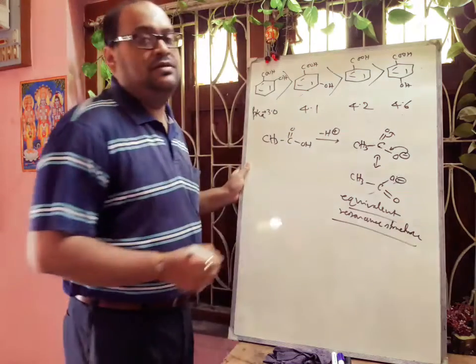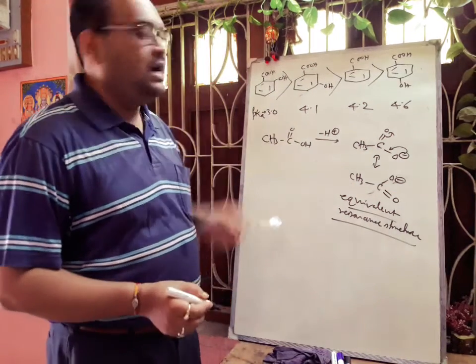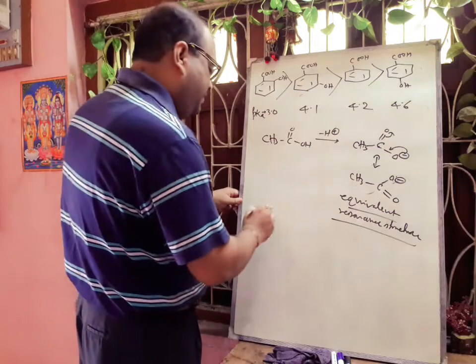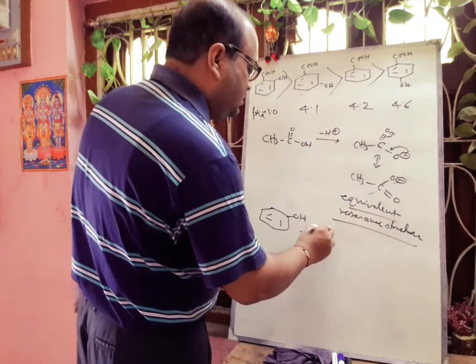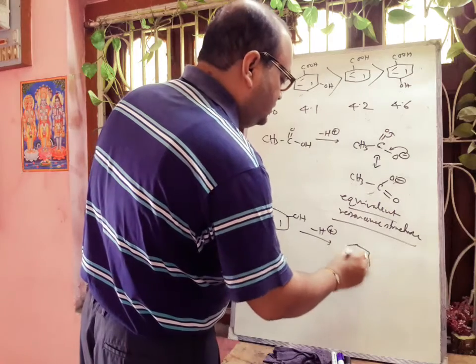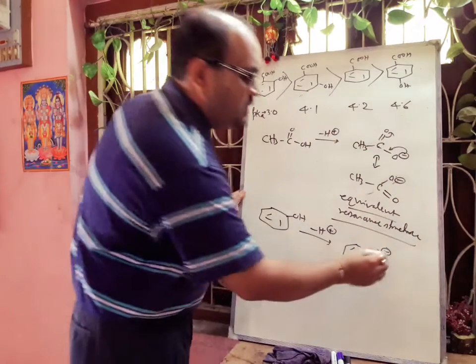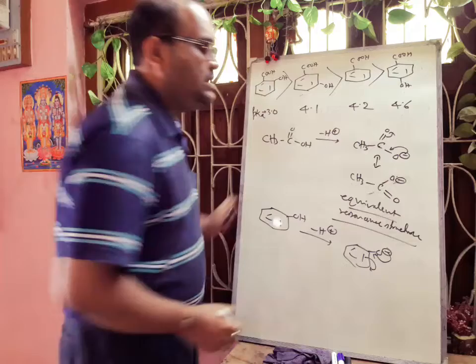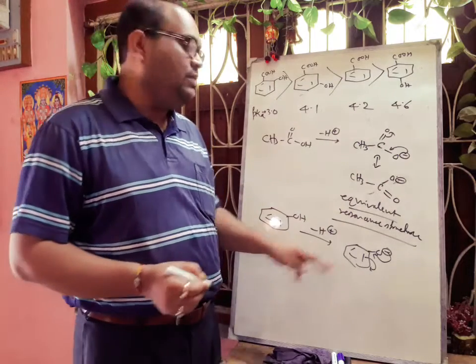They are highly stable because each structure contributes 50% to the resonance hybrid. But if we consider phenol, phenol will also liberate one H plus, forming the phenoxide ion. Now this phenoxide ion is stabilized only by resonance, but it is not as stable as the carboxylate ion. That is why phenols are weaker acids.